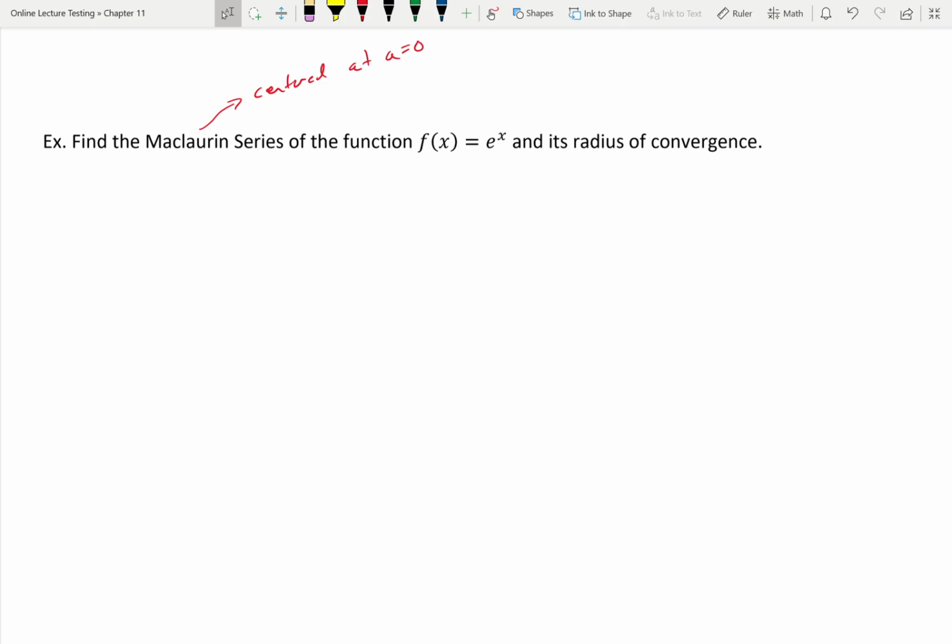All right, so what we need to do is find the representation of the coefficients. We're going to start with our function, f of x is equal to e to the x. If we're looking at our series, we want to know the form of the nth derivative.